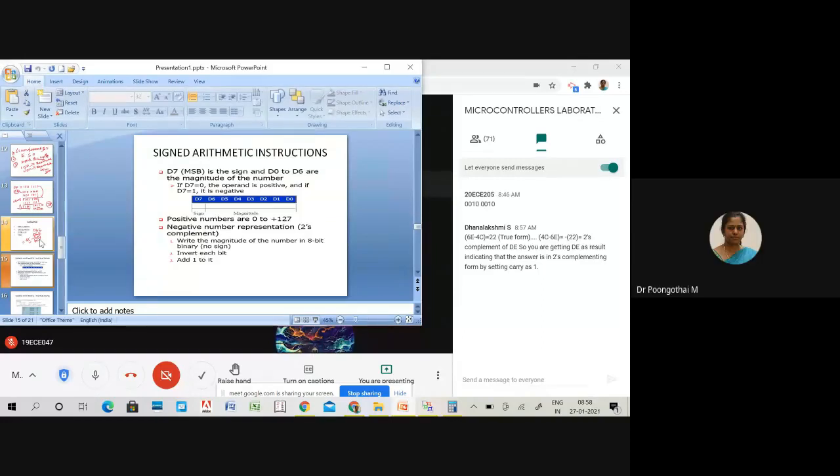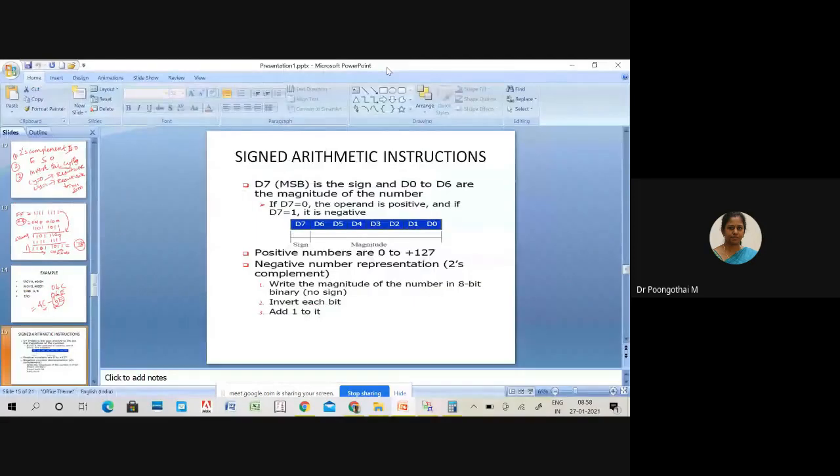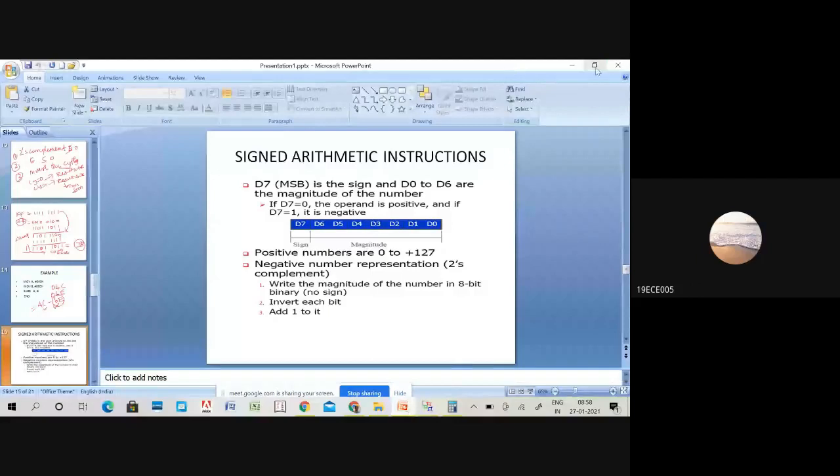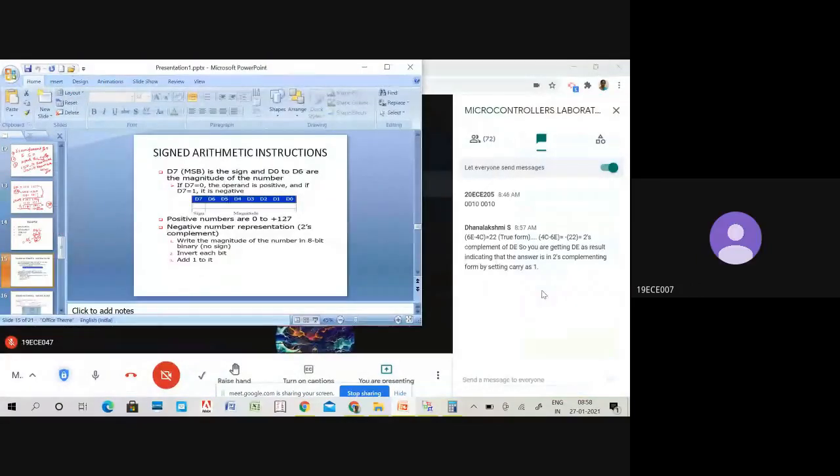So next is the signed arithmetic instruction. What is the range of signed numbers in 8051? I have already explained these concepts in your theory class. What is the range? How are your numbers divided into positive and negative?